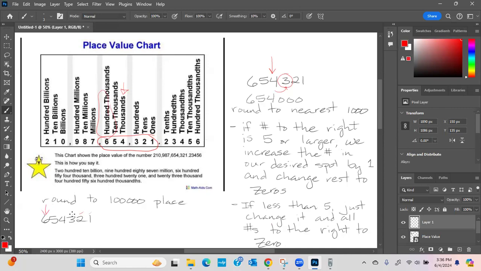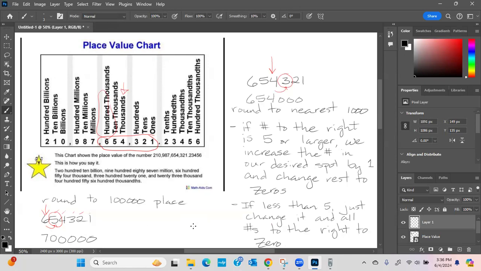Remember, we've got ones, tens, hundreds, thousands, 10,000s, 100,000s. So we look at the number just to the right of that. If that number is 5 or larger, which it is, then we increase the number in the position we want to keep by 1, change the number to the right to a 0, and all the others to a 0. So 654,321 rounded to the nearest 100,000 place is 700,000. So that's the difference between rounding.